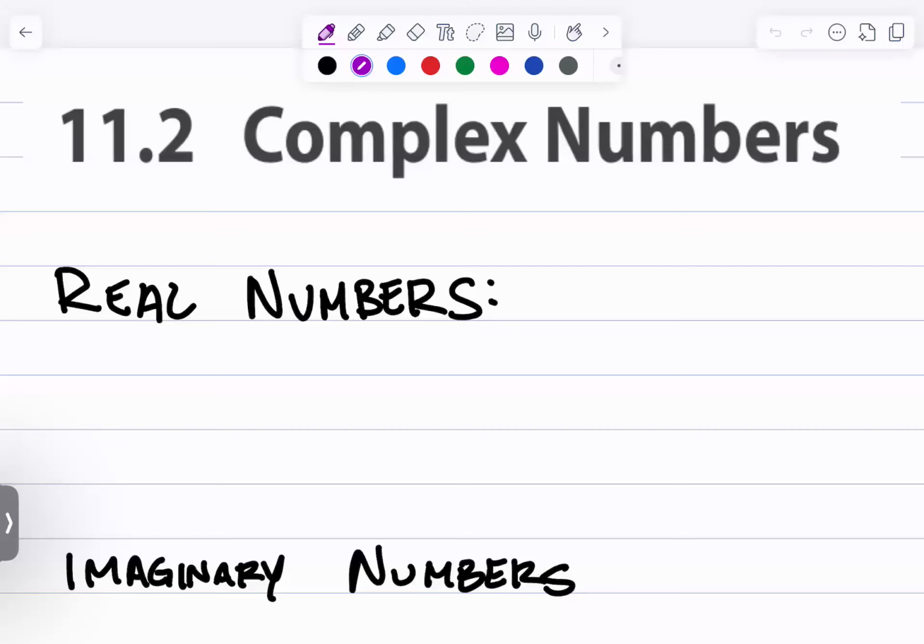So welcome everyone. This is 11.2 on complex numbers. We talked about what imaginary numbers are, and you guys already know what real numbers are, but we are going to define them right now.